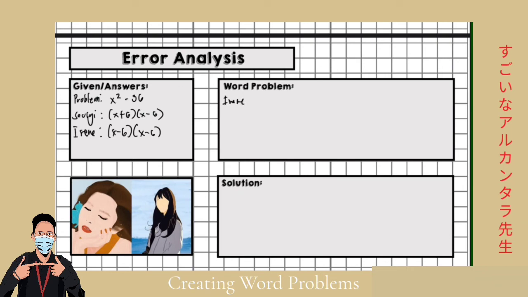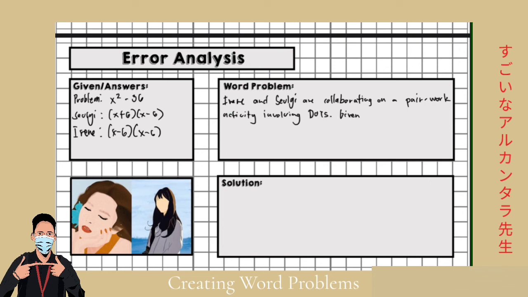Irene and Sugi are collaborating on a pair work activity involving difference of 2 squares.